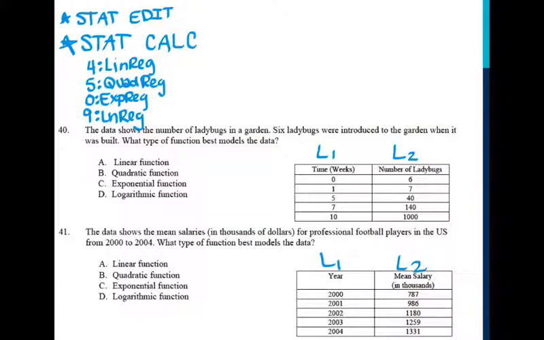What you're doing is comparing the r-squared values. Whichever one is the closest to 1, that's the model that best represents the data. Now, if for some reason the r-squared value does not show up on the calculator, it's because your stat diagnostics was not turned on.